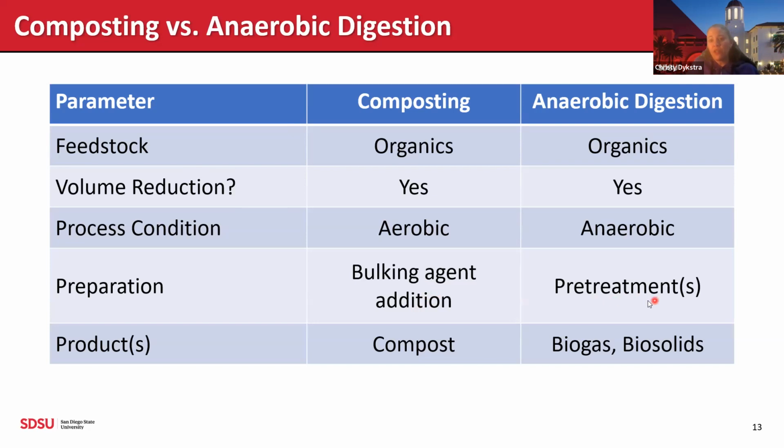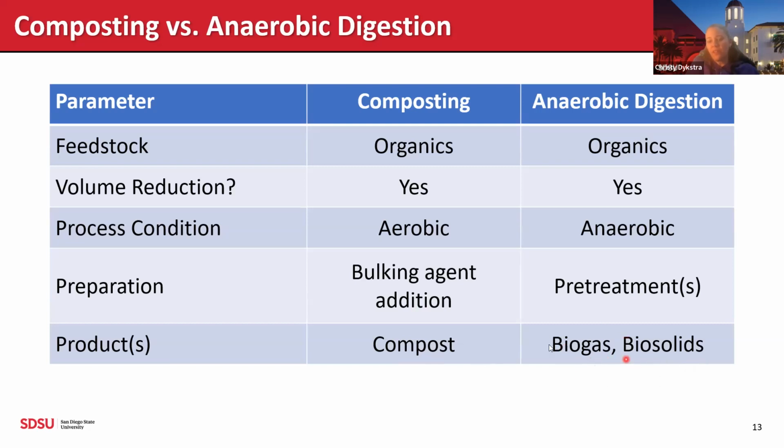And then in anaerobic digestion here, we're trying to do pre-treatments to really break down those big complex molecules into smaller molecules that the microbes can actually consume. And then, of course, our products here, we have compost that we can sell for fertilizer purposes or soil amendments. And then here we have biogas and biosolids.